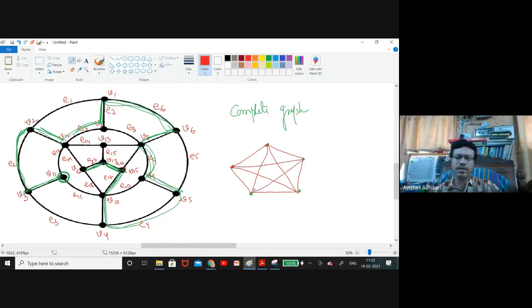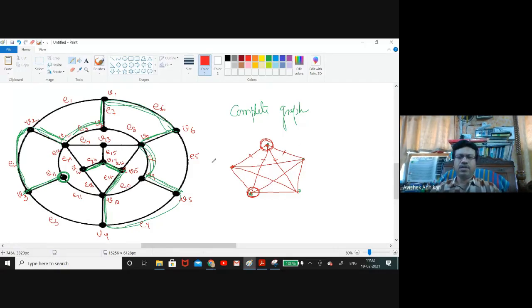Suppose you take any vertex, then you will find an edge to any other vertex. This vertex is connected with this and this. So take any such vertex, and you will find that there must be an edge with any other vertex. So this is known as complete graph.